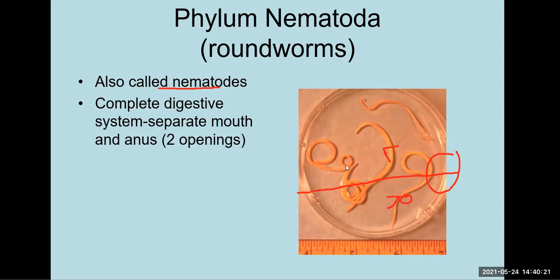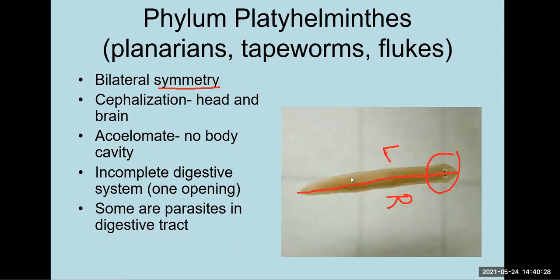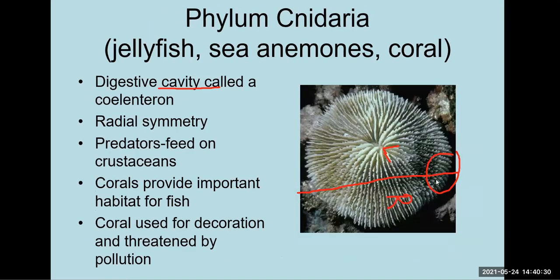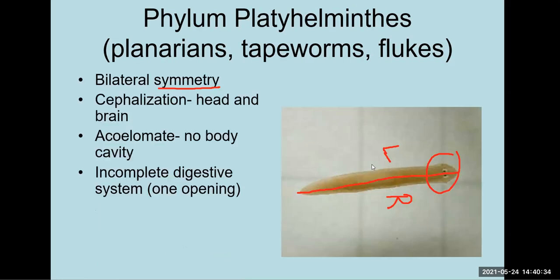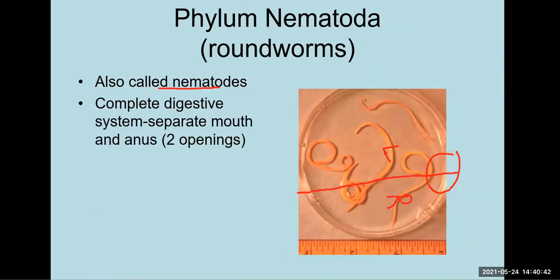They have a complete digestive system, unlike what I told you a while ago about flatworms, which don't have a complete digestive system because they have only one opening. Roundworms have two openings, from the mouth to the anus, so they can secrete all their waste products.